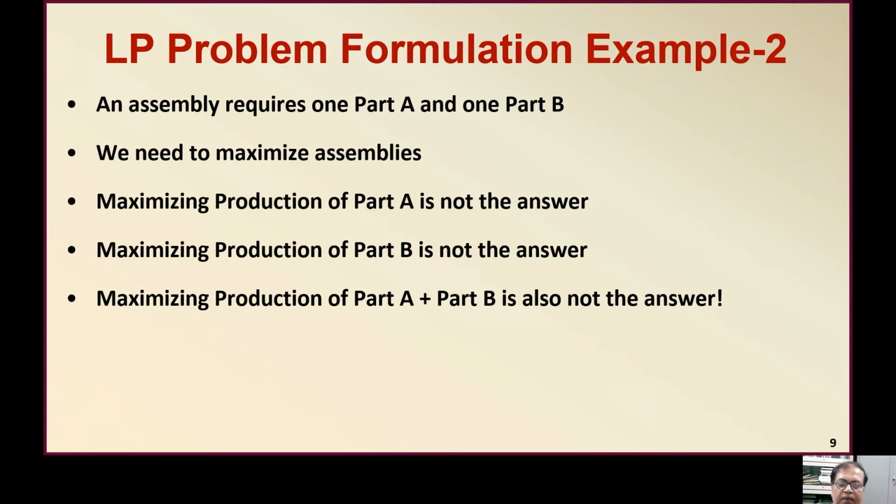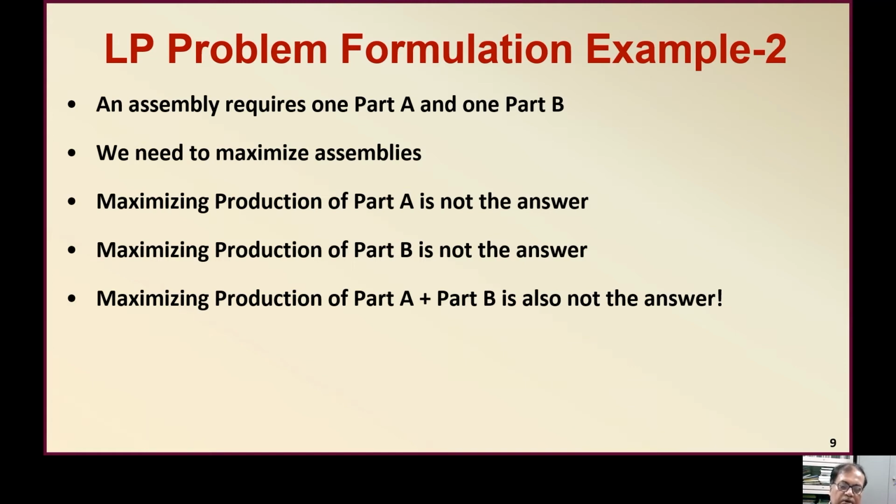Can we maximize part A plus part B? Look here, supposing the production system is such that you are producing more and more of part A. What will happen? Next day the part A would be even more available. So if today you are producing 10 extra part A's, tomorrow those 10 extra part A's will be available as stock, is it not?